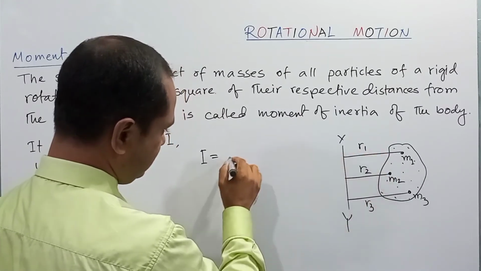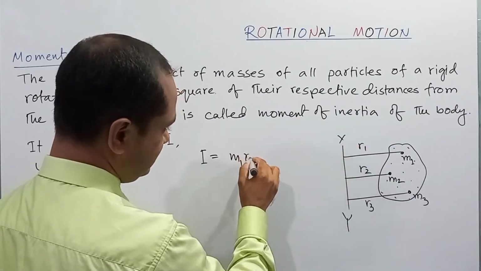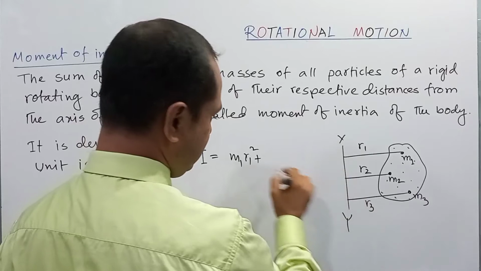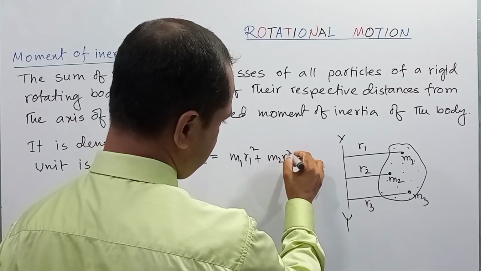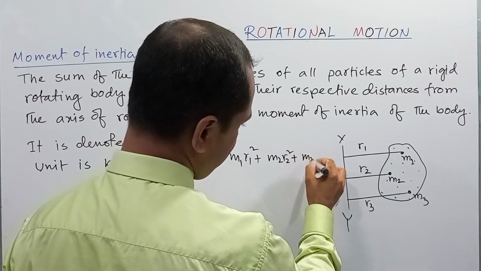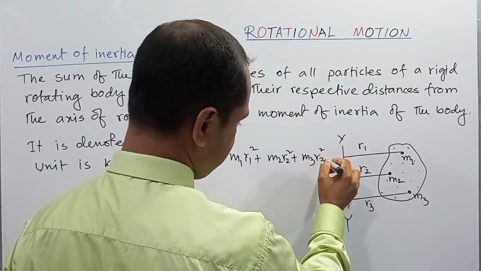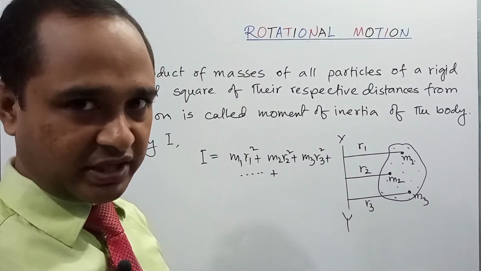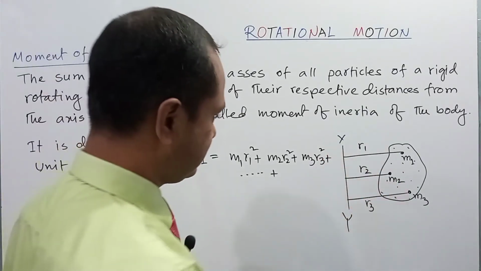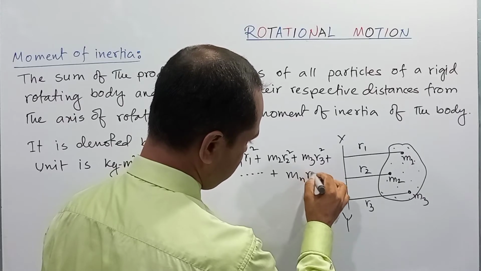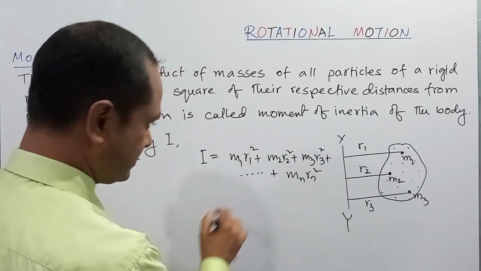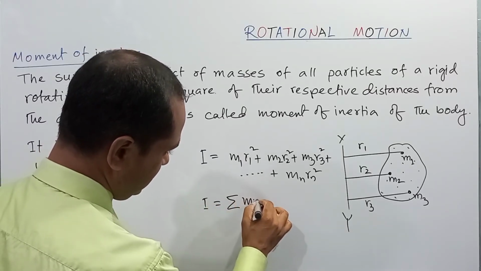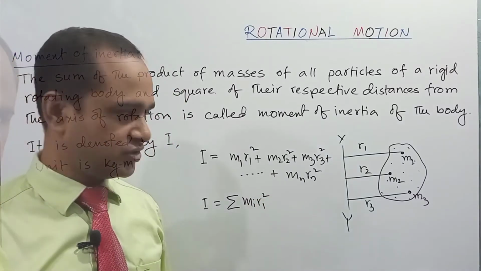If we consider the first particle, it will be m1 and its respective distance is r1, so the product of mass and square of its distance, plus m2 r2 square, plus m3 r3 square, right, plus so on. If there are n particles in the body, then we write mn rn square, or simply I is equal to summation of mi ri square. Okay, I hope you got it.